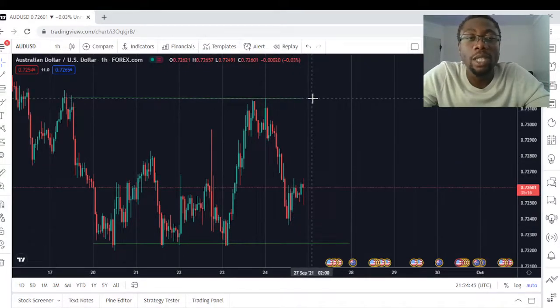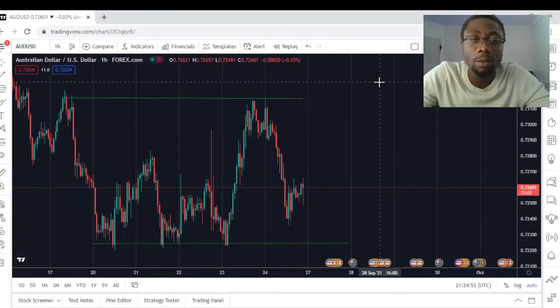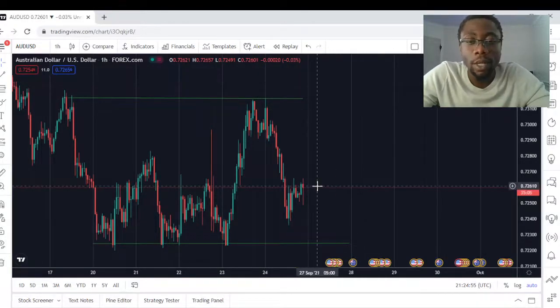Then if we are going to get a new swing high or break through this level and be able to trade a bounce off this level to the upside for a potential bullish run.